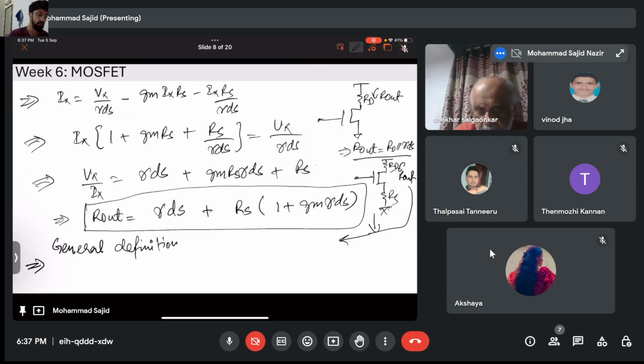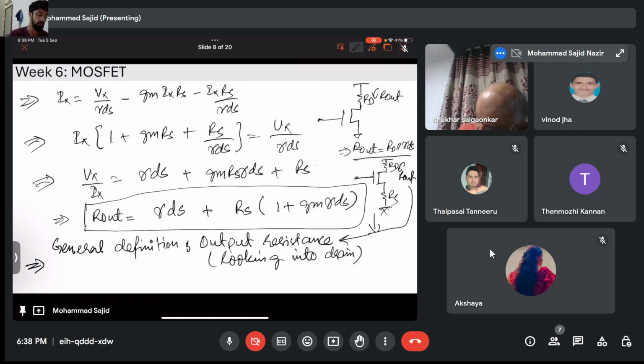Definition for output resistance. Keep in mind it's looking at the drain. So R out is, what is the total output resistance? This is output resistance.